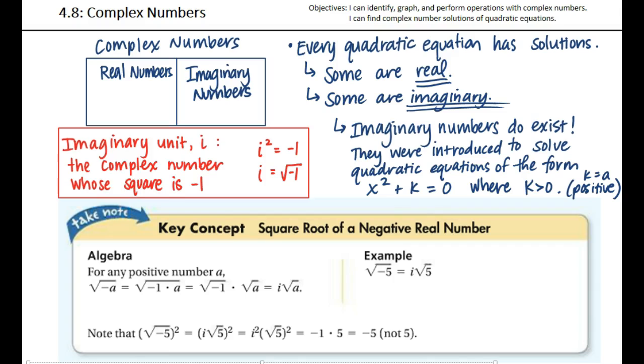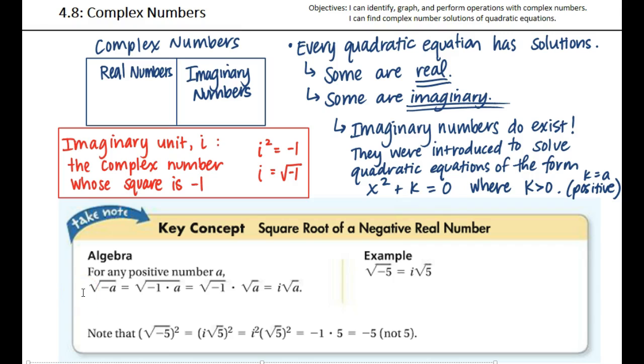The imaginary unit i is the complex number whose square is -1. The imaginary unit i is a number, not a variable, and it is defined as the square root of -1. So you can see right here, i equals square root of -1. And when you square both sides, you get i squared is equal to -1.